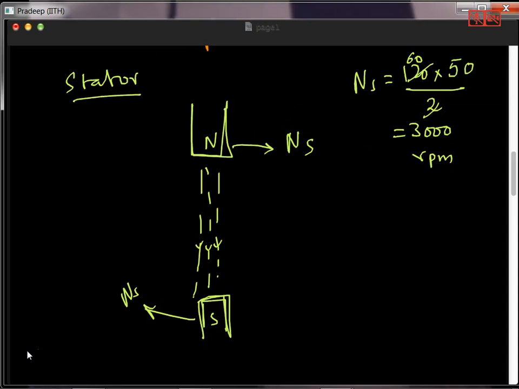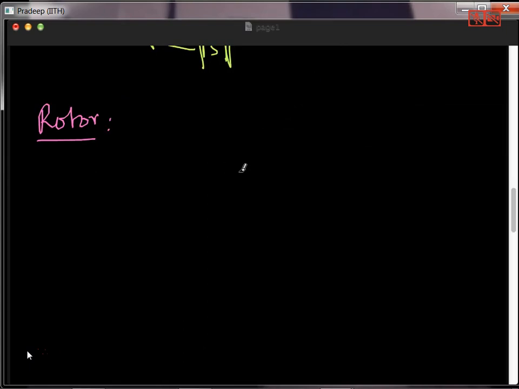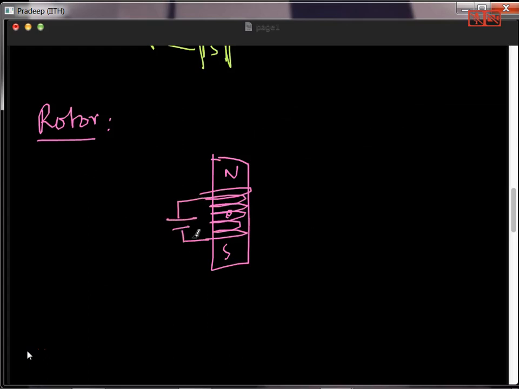What about the rotor? Now coming to the rotor, the rotor is like this. It has a north pole and a south pole, so it's a two-pole rotor, and then there's a DC winding. Whenever DC current flows through this winding, a DC magnetic field is set up, and then magnetic poles are there.